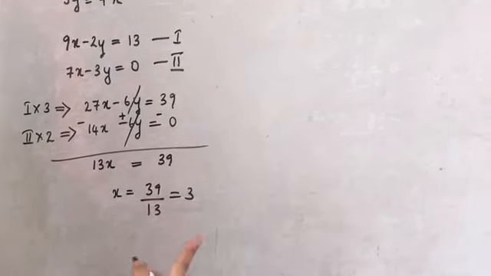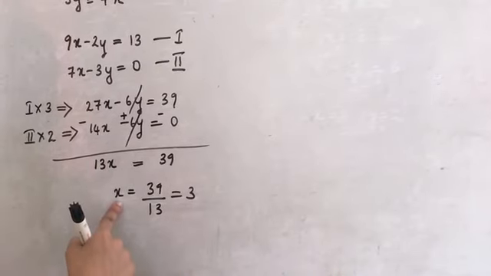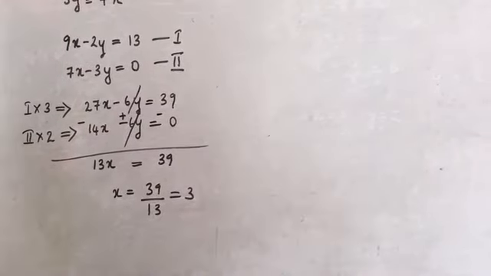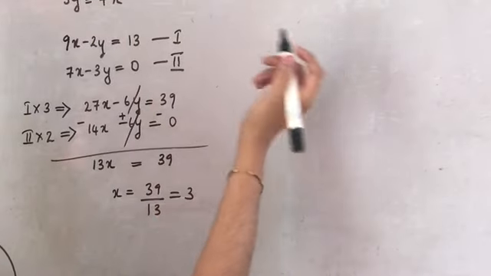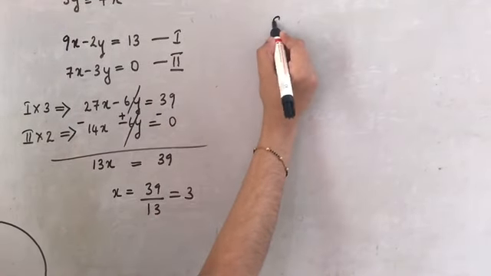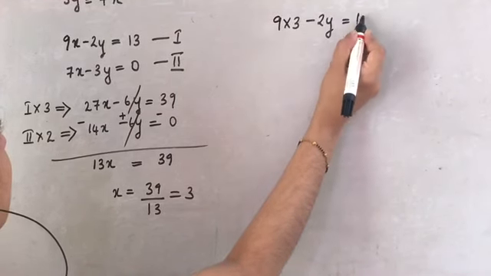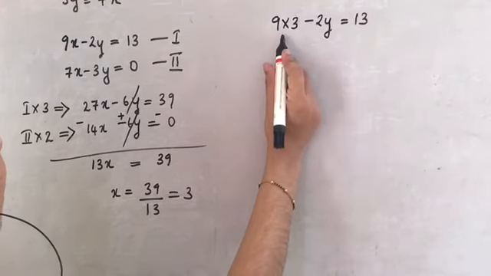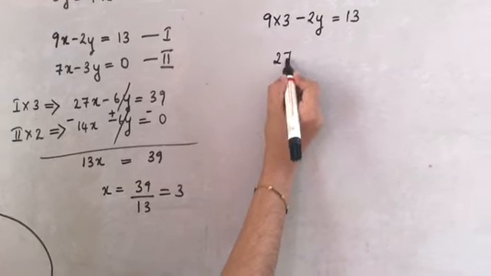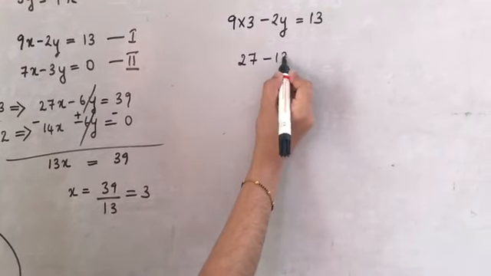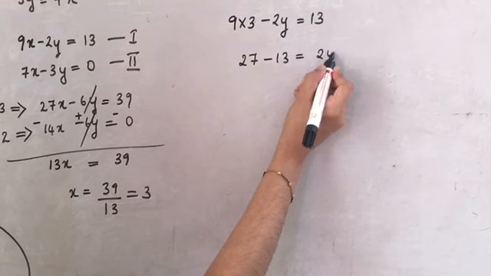Now similarly you have to substitute the value of x in either of the equations. I am substituting in the first equation. So what do you get? 9 into 3 minus 2y equals 13. So you get 9 into 3, that is 27, minus 13 equals 2y.